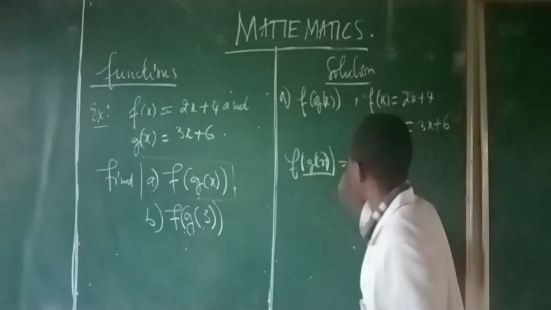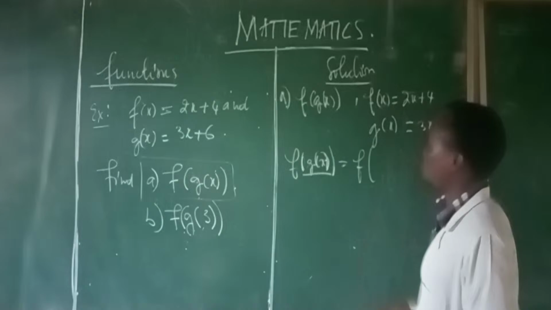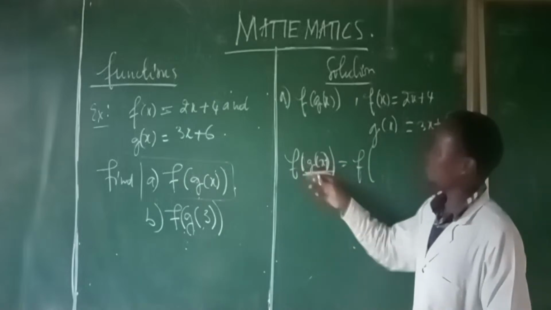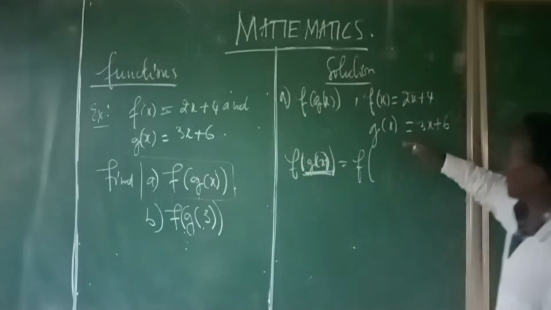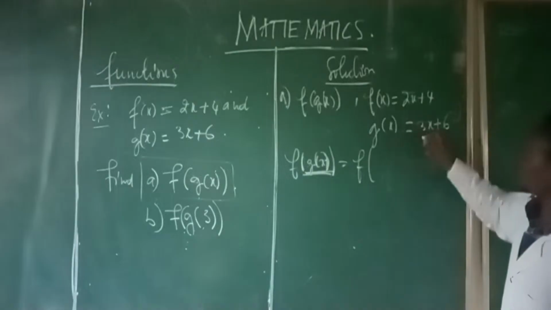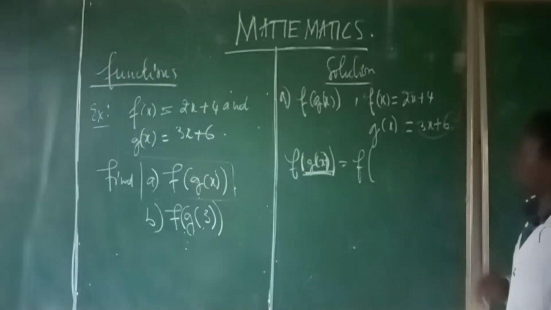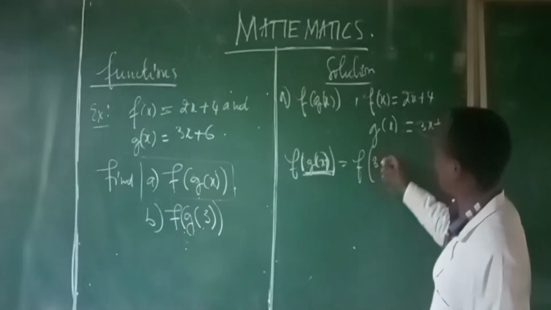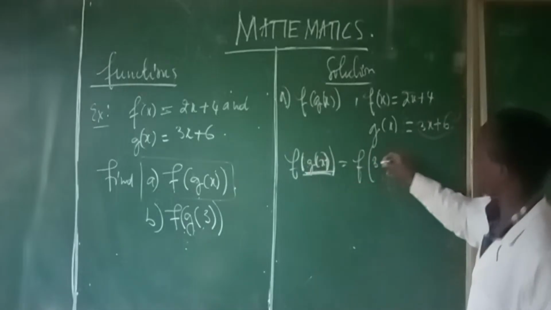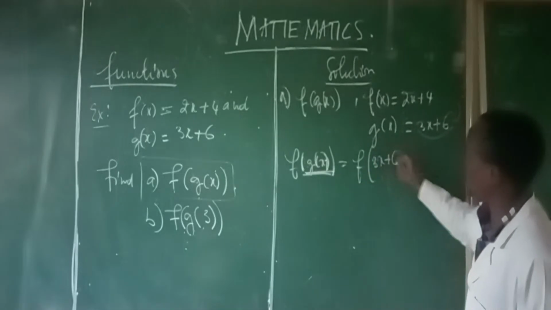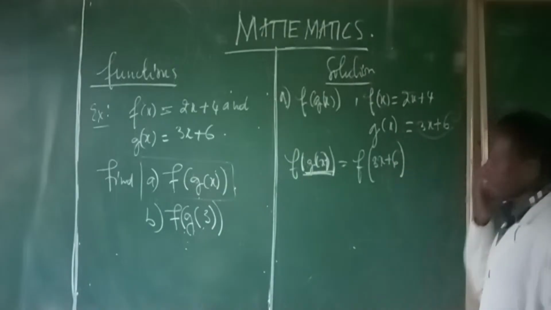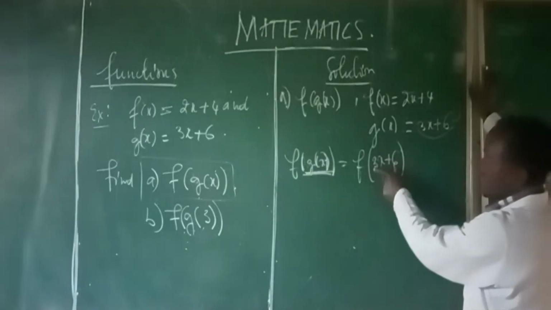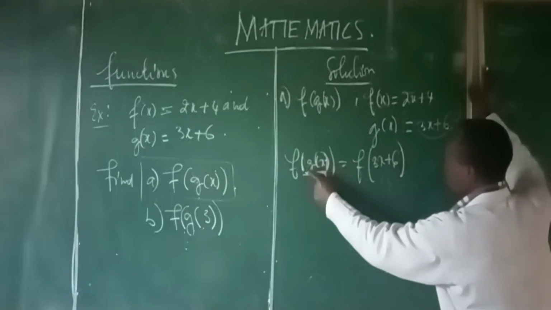You have to write f of, and in the place of g of x, put 3x plus 6, because this is the value of g of x.